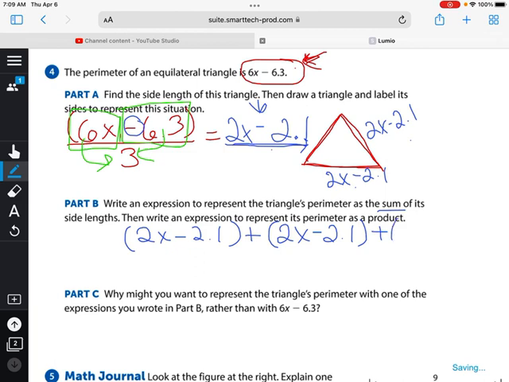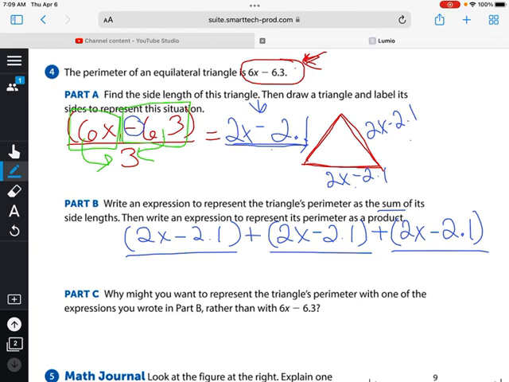And we'll add that to the third side length, which is also 2x minus 2.1. So what this does is it shows, here is side 1, here is side 2, here is side 3. We add them all together, and that'll tell us what the perimeter of the triangle is. But again, this is just an expression. We're just showing how we could write the expression by showing a sum of its sides.